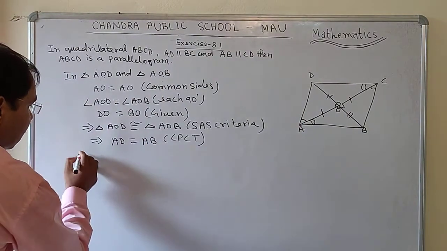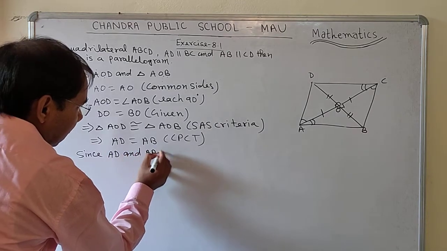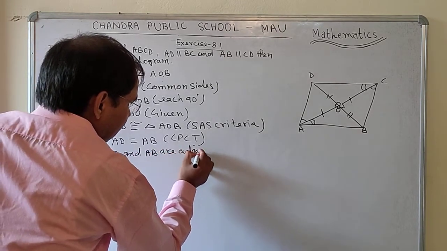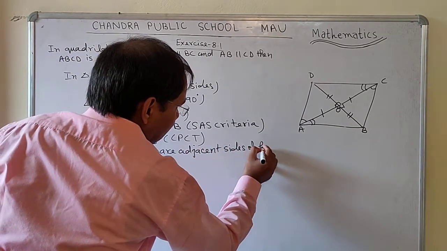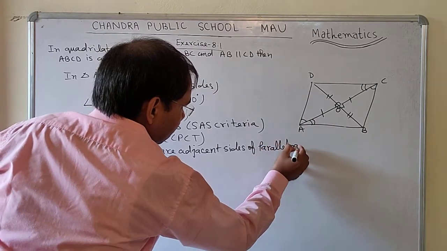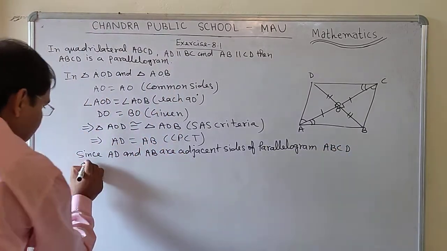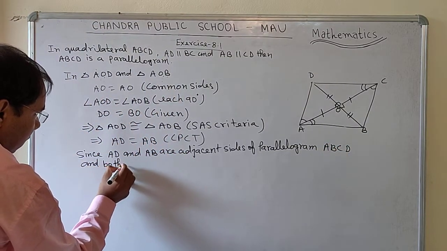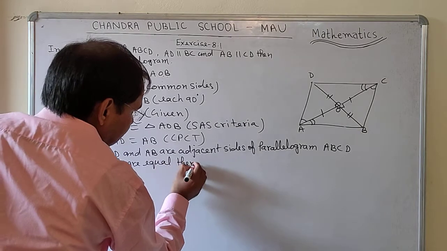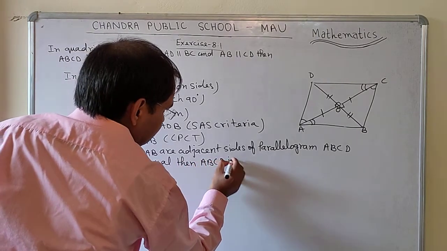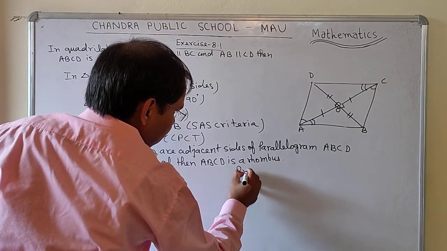So here you can write, since AD and AB are adjacent sides of parallelogram ABCD and both are equal, then ABCD is a rhombus, and it is proved.